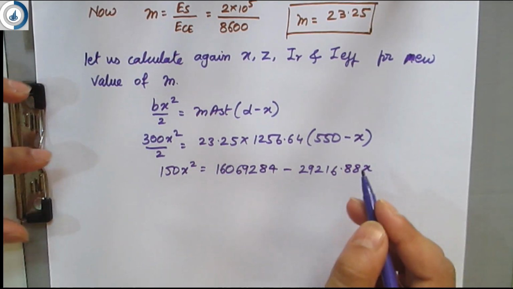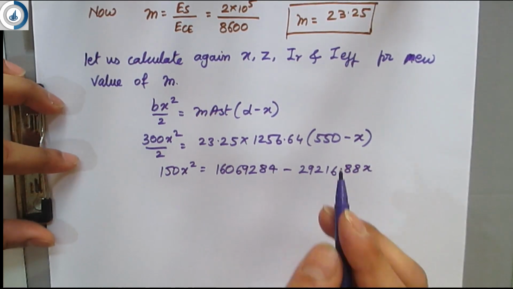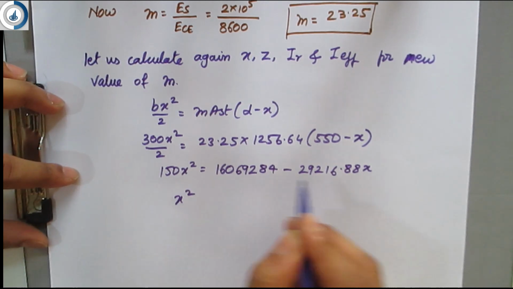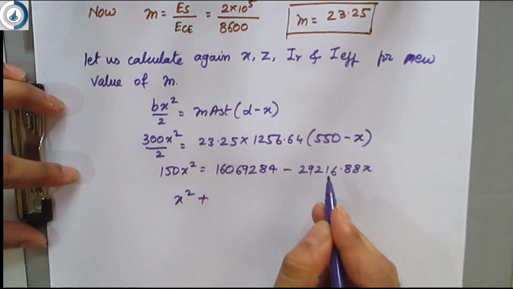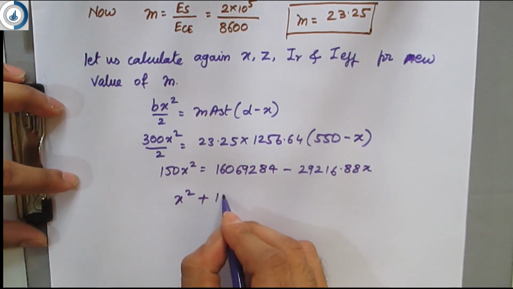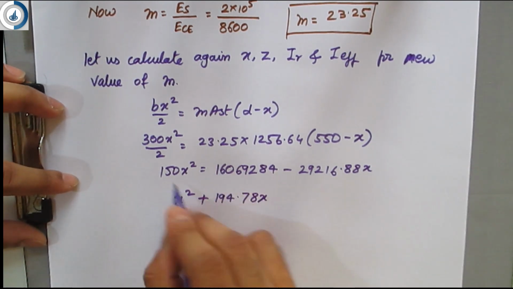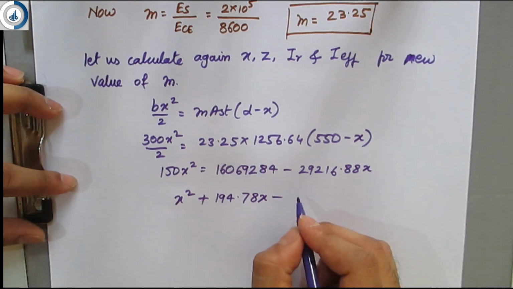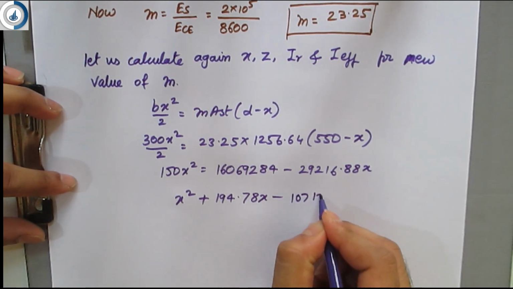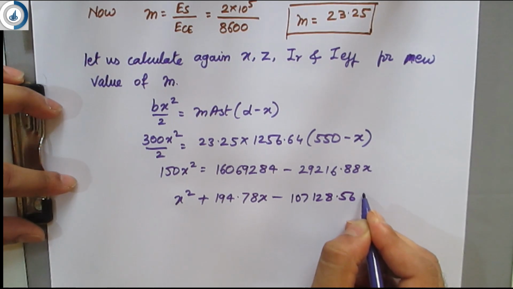So we'll divide this equation completely by 150. So this becomes x square. This comes to this side, it becomes positive. After dividing by 150, you will be getting 194.78x, and this goes to this side, it becomes negative, 128.56 is equal to 0.